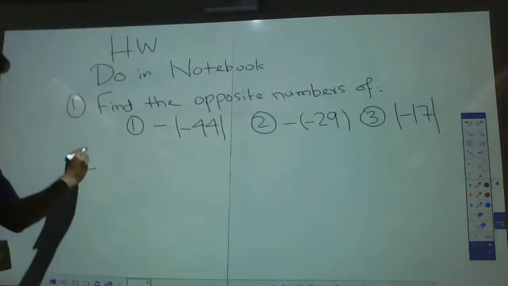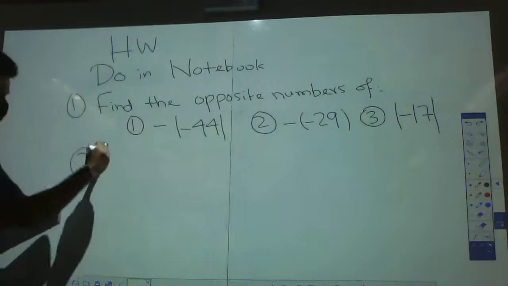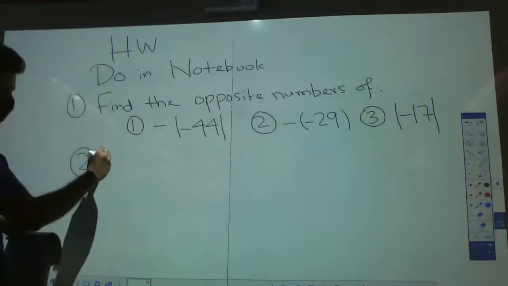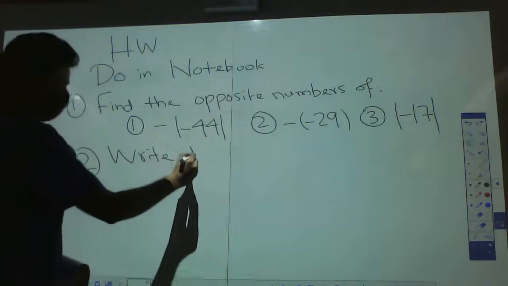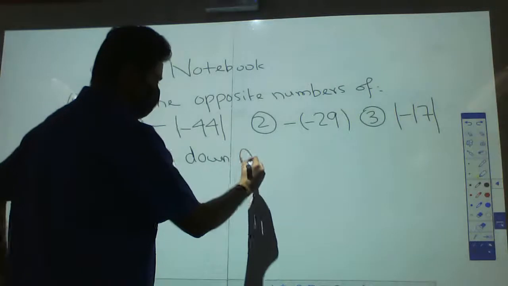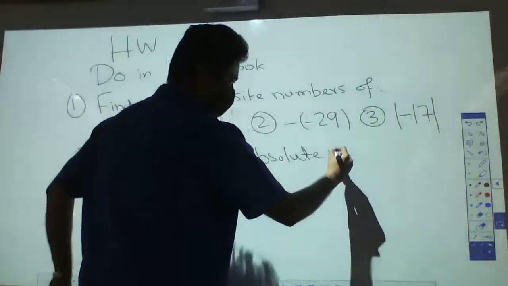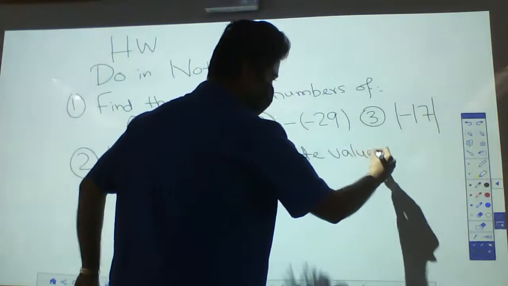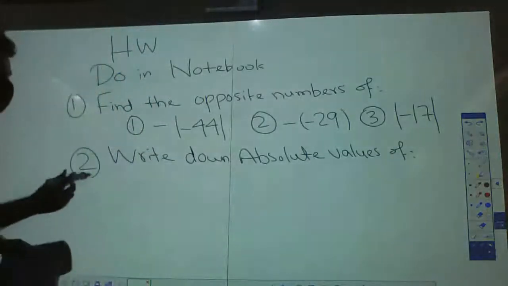Question number 2. This one you have to do in your notebook, right? Question number 2, it is what? Write down absolute values of, you have to write down absolute values.